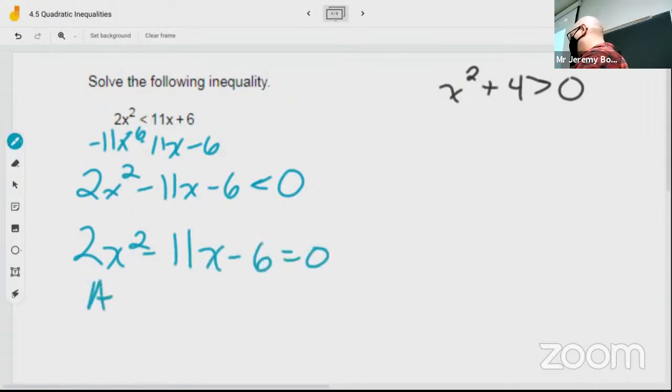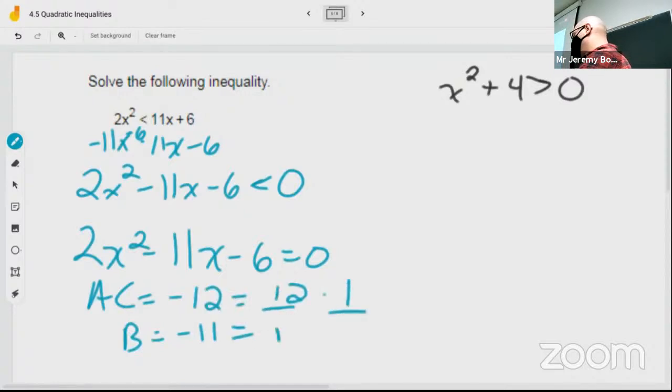To factor that, we have a little bit more work. AC is negative 12, B is negative 11. When they're 1 off from each other, it's going to be 12 and 1. I know that, but which one's going to be negative? Negative 12.